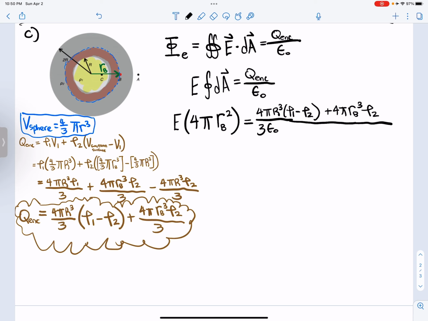Okay. I'm going to make this a little smaller because I don't have enough space.